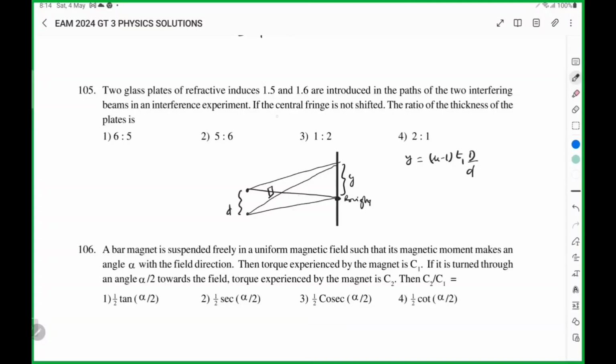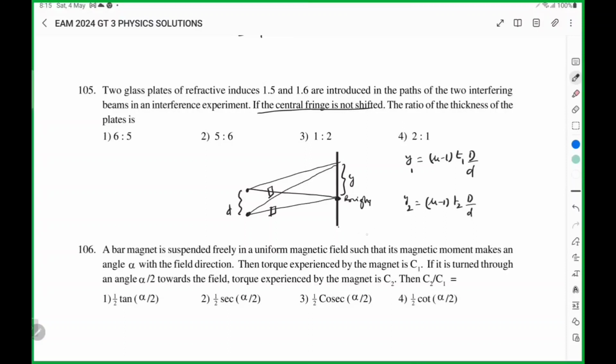Now he says the central fringe is not shifted, which means light passing through the other source also undergoes a shift, and y1 and y2 are both the same. So finally the central fringe will not shift.